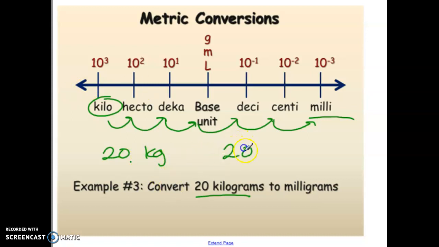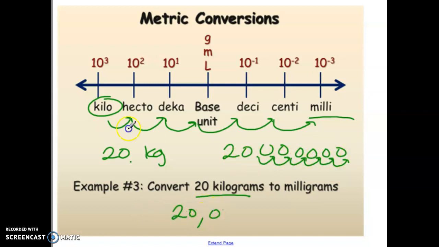So we would have 20, 1, 2, 3, 4, 5, 6. We would obviously fill that in with a bunch of zeros. So what do we got here? We got 20 million milligrams, right? Does that make sense? Right, let's double check. 1, 2, 3, 4, 5, 6.